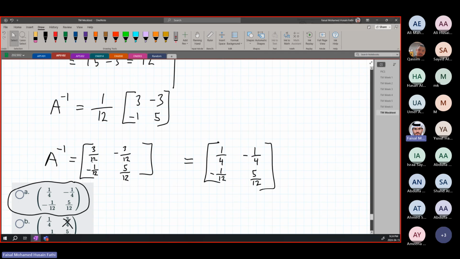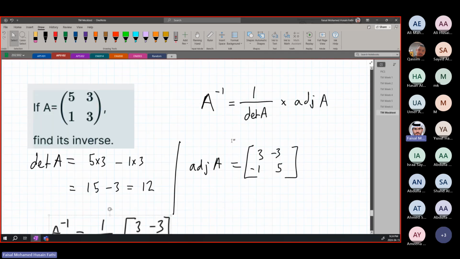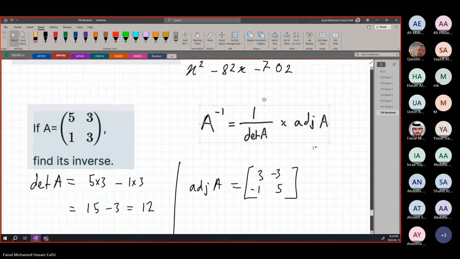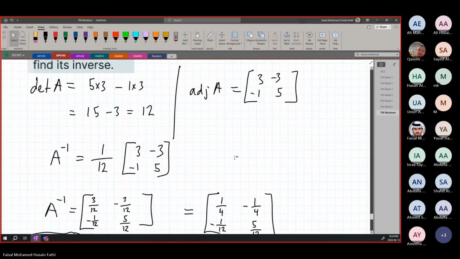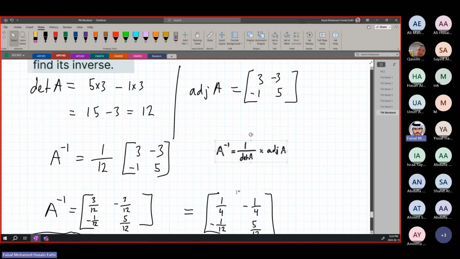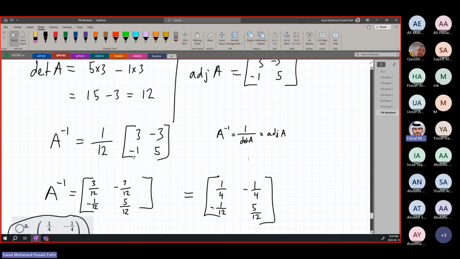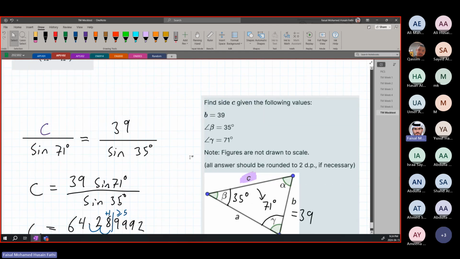Then here we just distribute. So we found our inverse by applying this equation. This equation over here is being applied to find the inverse. That's all we did. So we put the 1 over 12, 3, minus 1, minus 3, 5, which is the adjoint. Then we distributed, and that's it.